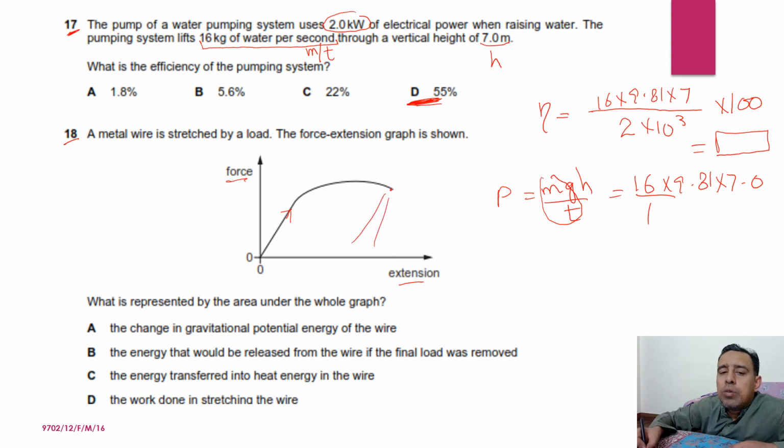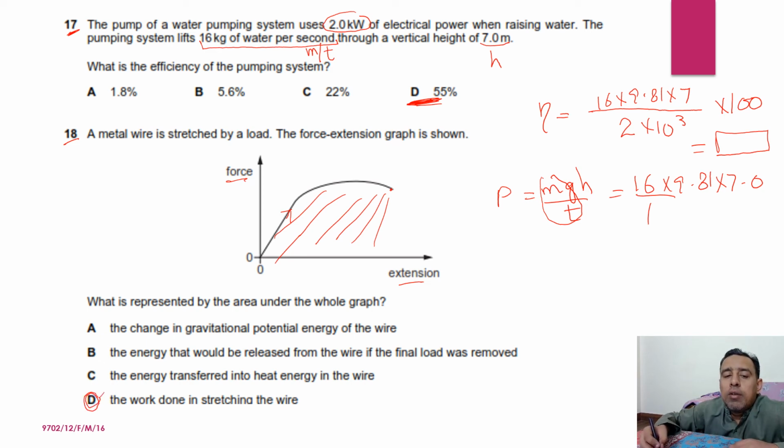So if we get this whole area, this area will give us the energy which is given to the body for the stretching, for the extension, or in other words, this energy is equal to the work which is being done on the body for this extension. So straight away, this is the work done in stretching the wire. This is the correct answer.